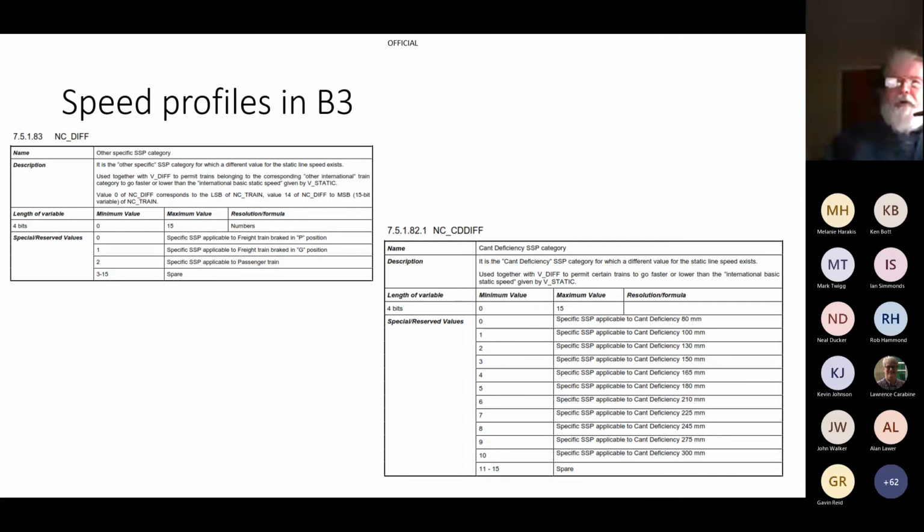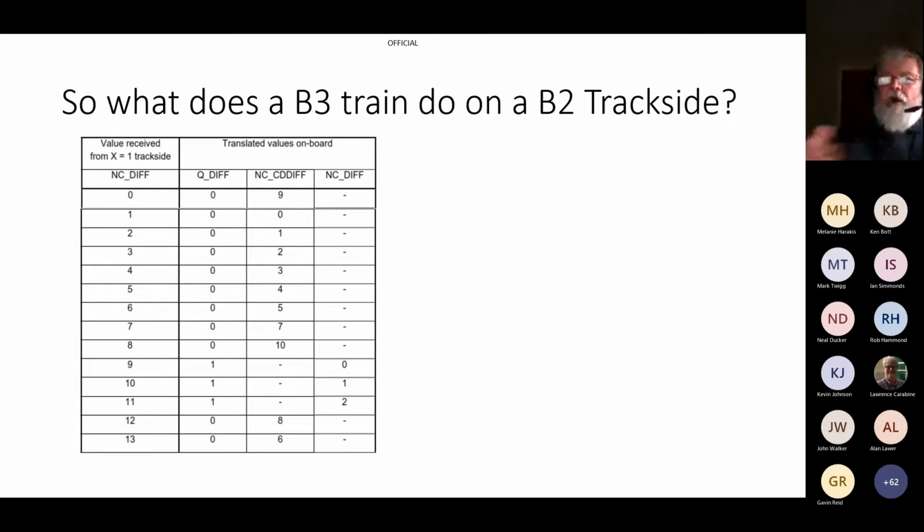And my brake model, my speed model, all those models are built on receiving both of these fields and knowing what they are and being able to compare them to the characteristics of the train. But if I sent my baseline 3 train to Cambrian, it's going to only receive the information from the trackside, which is NC_diff.